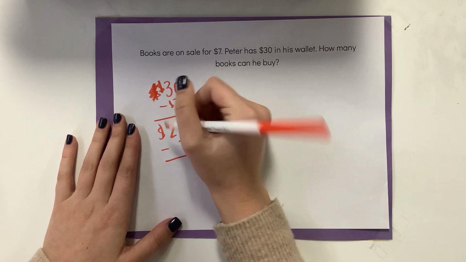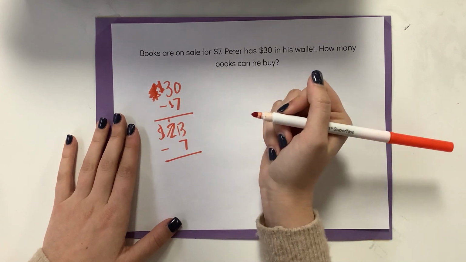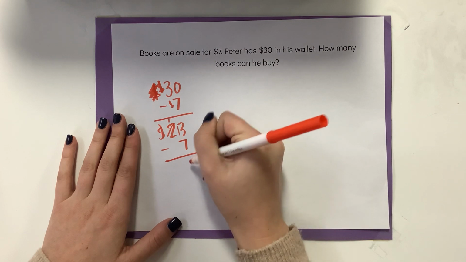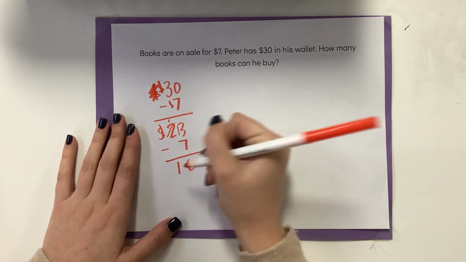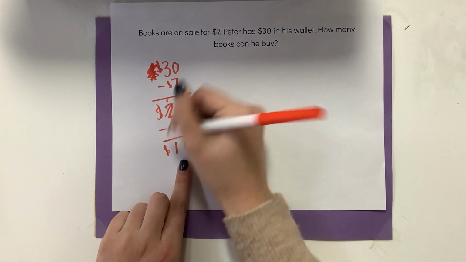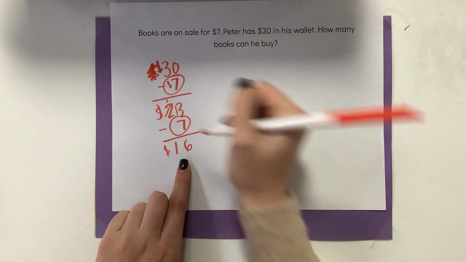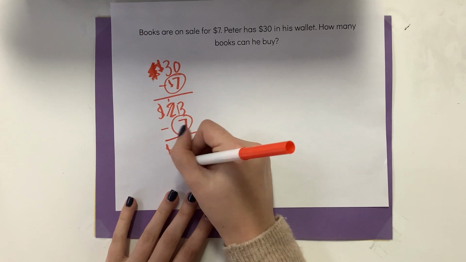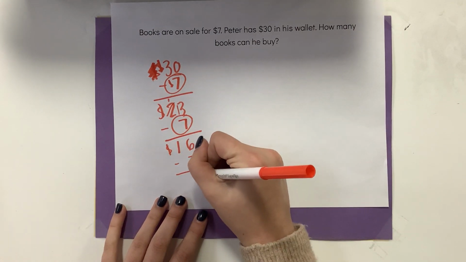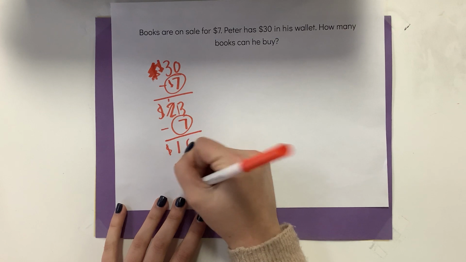23 minus 7, I believe that is 16. Am I right? Am I wrong? Okay, yeah, I think I'm right. Okay, so now he has $16 left in his wallet. He bought a book here, he bought a book here. Can he buy another book? Yes. 16 minus 7 would be 9. So he has $9.